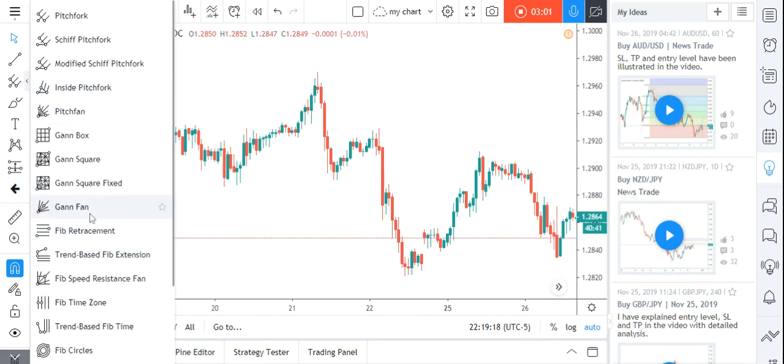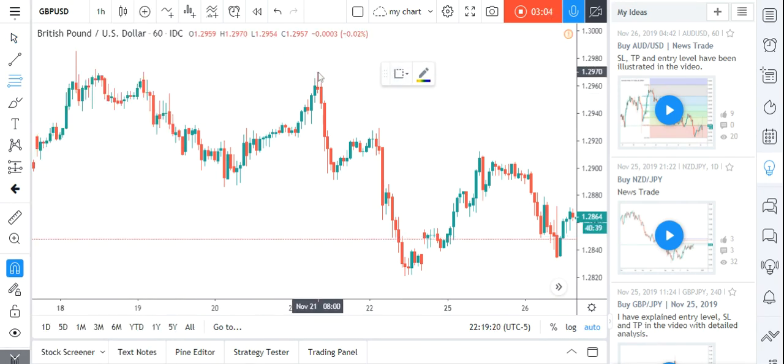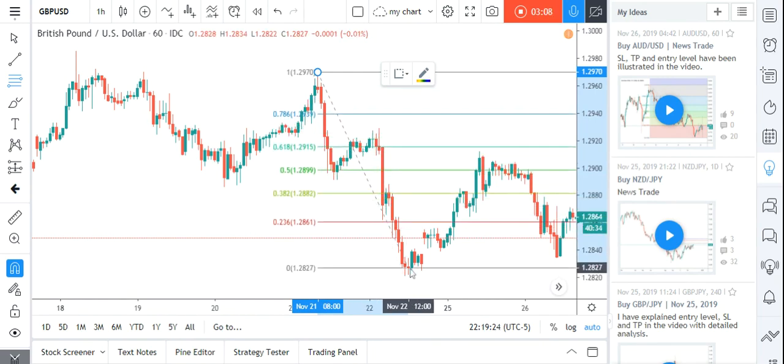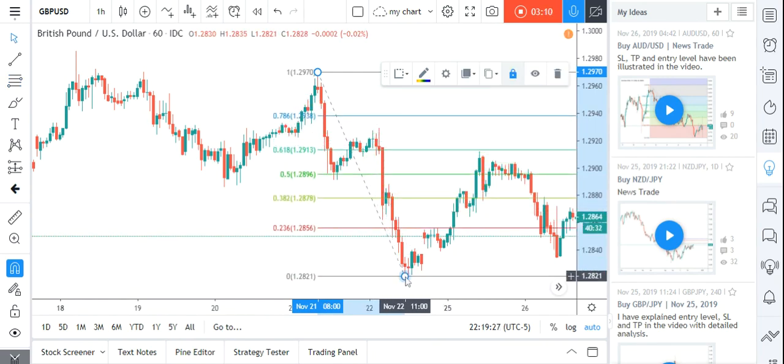Here it is, Fibonacci retracement. I am plotting this from that high to this low, and the butterfly will be made something like this shape.